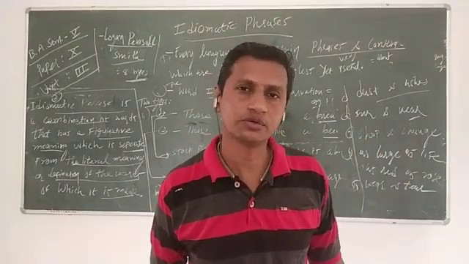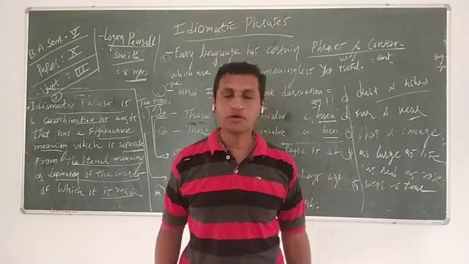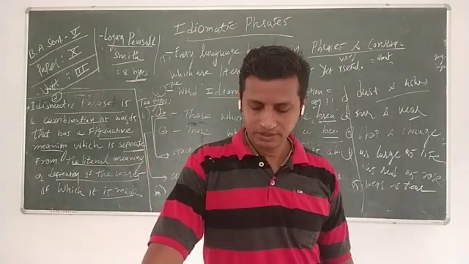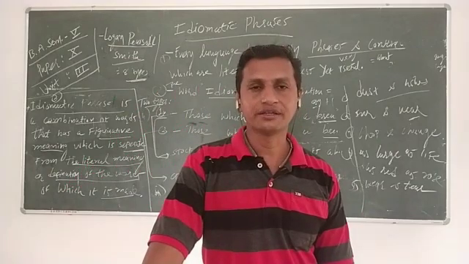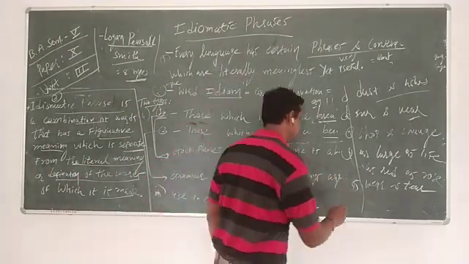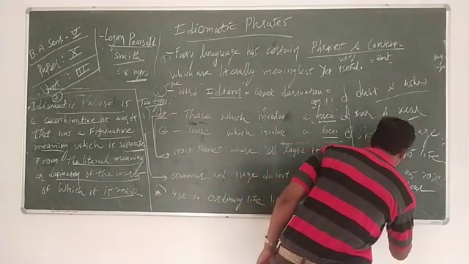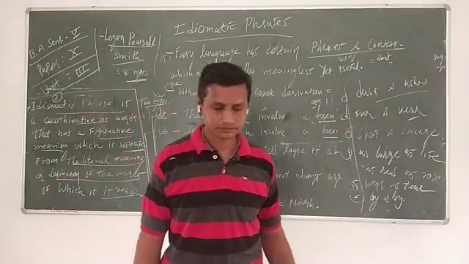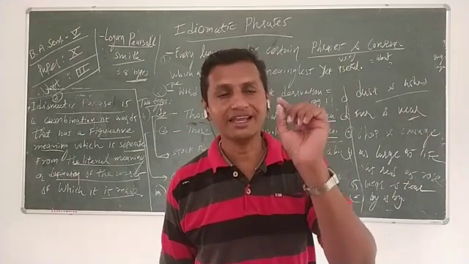By hook and crook. And the sixth one is those which depend on repetition. Again and again, the two words are the same. For example, here he gives by and by, more and more, through and through, higher and higher.